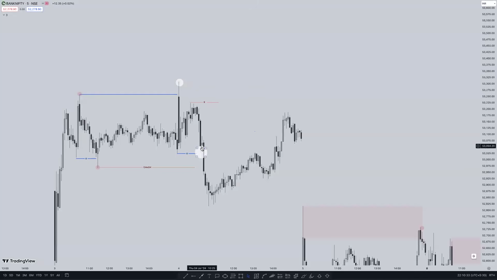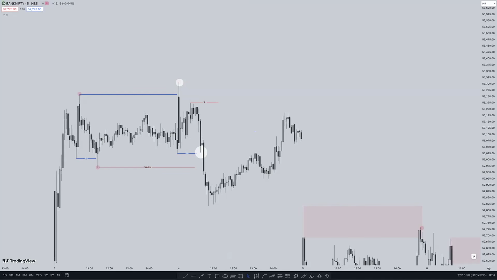After this one, you can see market continues breaking the previous candle lower lows and does not break the previous candle high. If it does not break the previous candle high, that means market is not able to create a valid pullback. If market is not able to create a valid pullback, that means this is not a valid inducement right here.